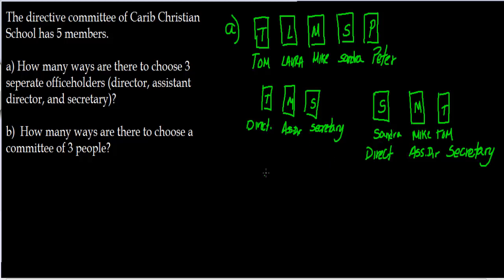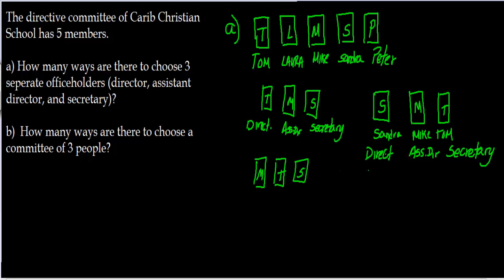And I can keep going and I can make another one. I can say, well, out of the bag came out Mike first, and then came out Tom, and then Sandra. Well, now Mike's the director, and Tom is the assistant director, and Sandra is the secretary. So this is very different than this arrangement and then that arrangement, even though I have the same three people.